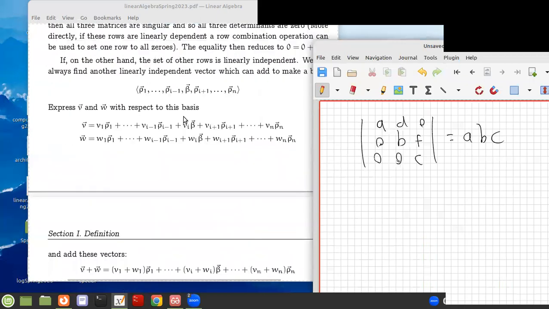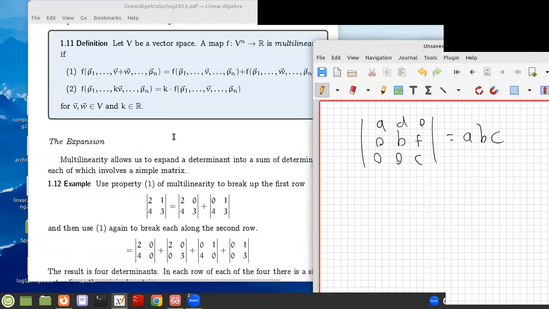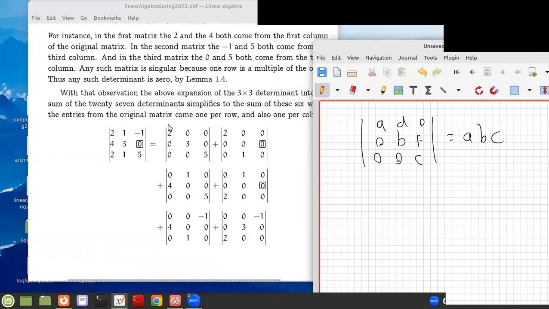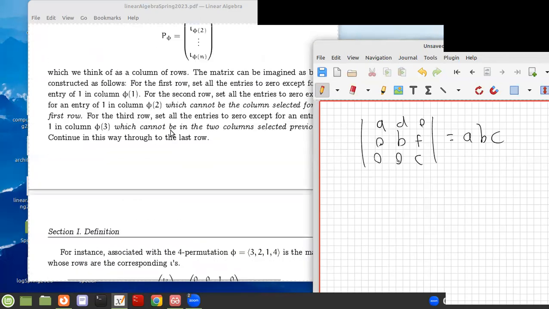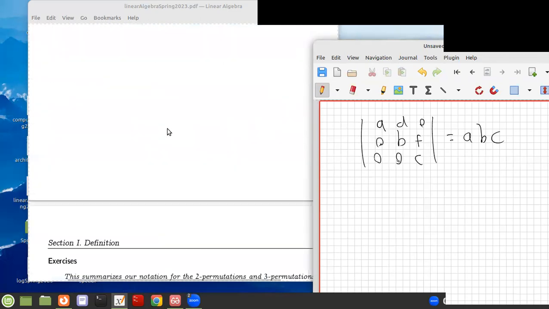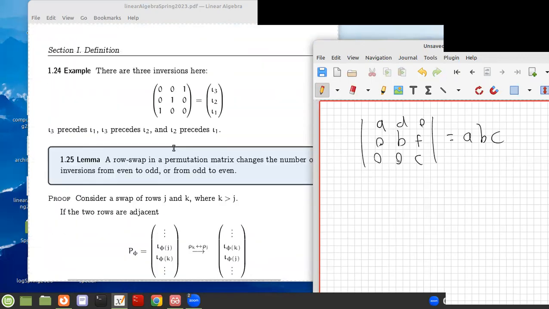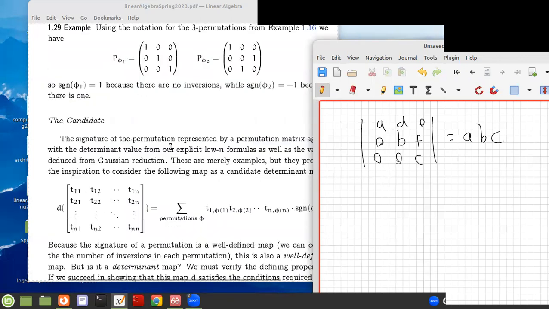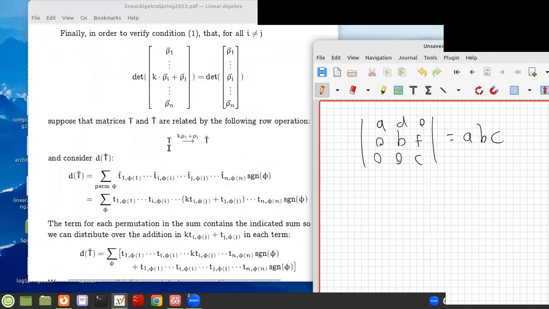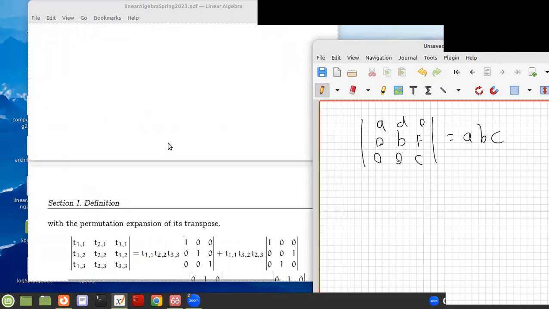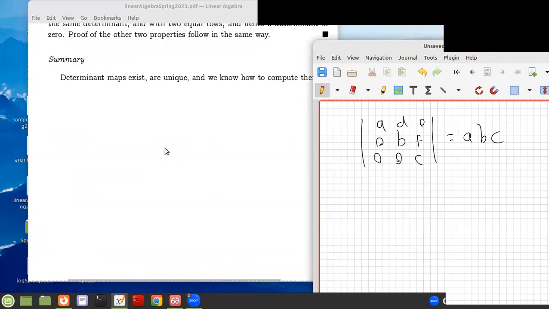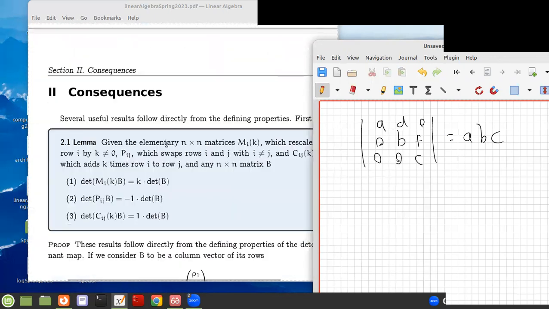And so I'm going to ignore all the rest of the stuff in this chapter, except for the piece at the end, that determinants exist, since it's a long proof that they're unique. But that is good.